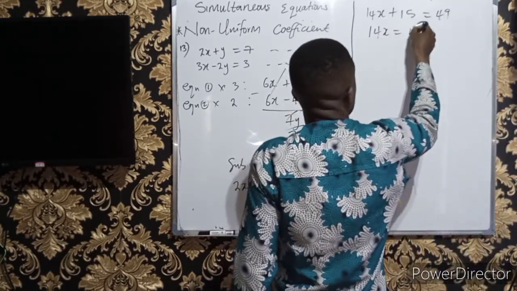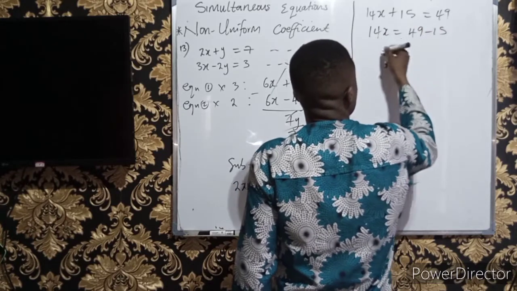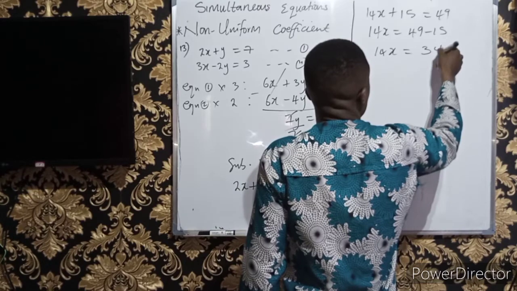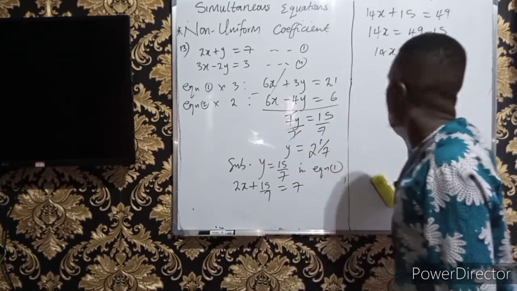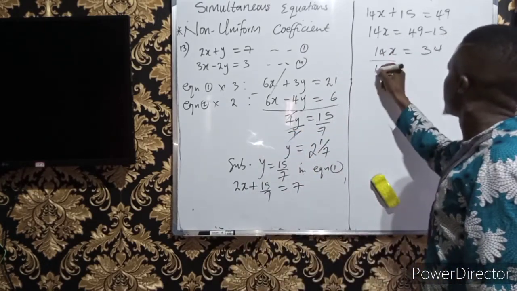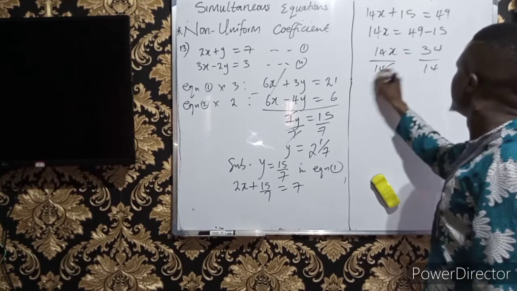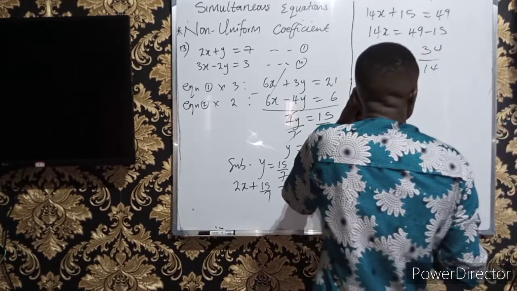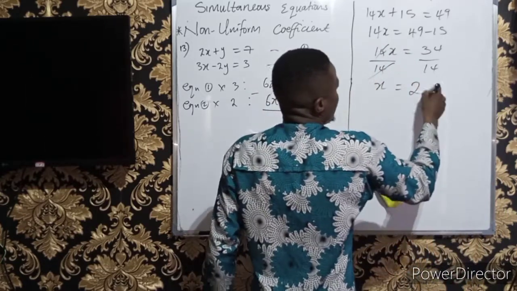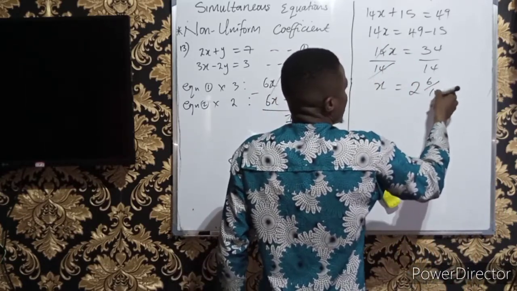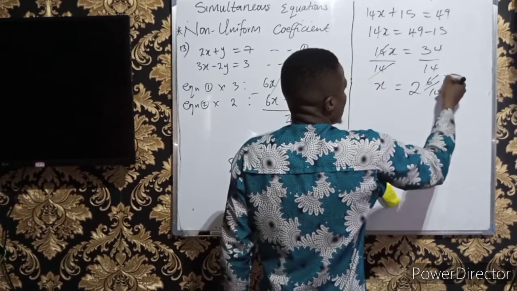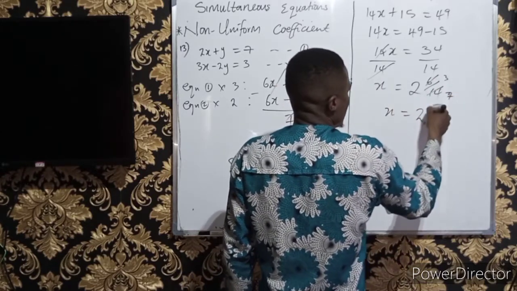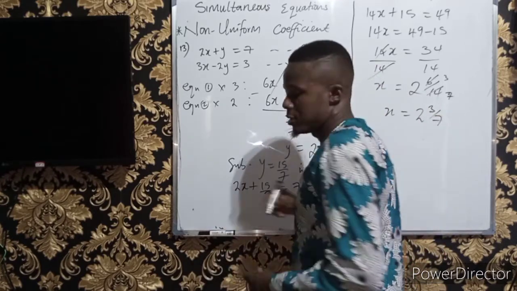So 14x is now 49 minus 15. 14x is now 34. So I'll divide both sides by 14. So x will give me 2 whole number 6 over 14, which can be reduced as 3 over 7. So x is now 2 whole number 3 over 7.